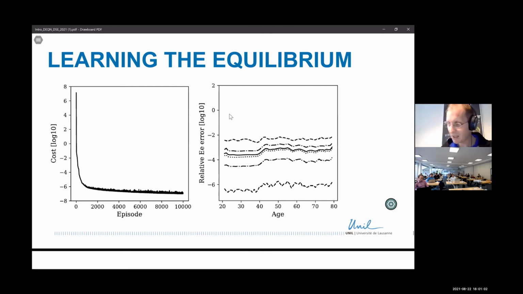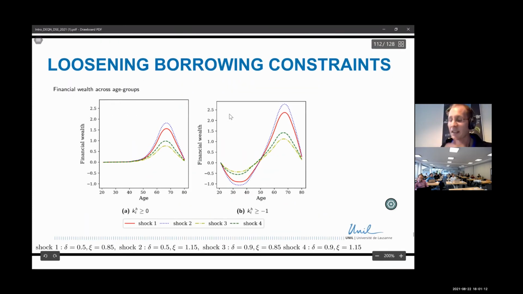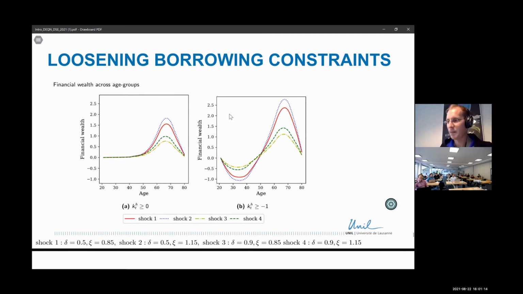So this is really cool. Here you just simulate and use the stochastic gradient descent. You don't have to worry about the equation solving too much. And then with that, obviously, as I said, you can start to work with the borrowing constraint, or you could think of all sorts of other exercises.